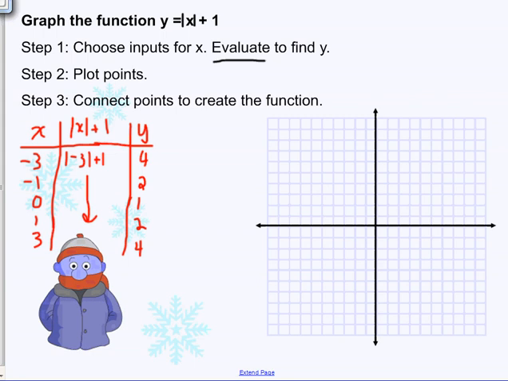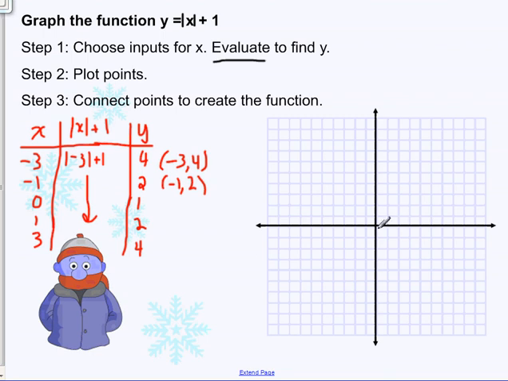So from here we can graph these particular coordinate points that we just found. We now have coordinate points -3, 4, -1, 2, and so on and so forth. I'm not going to write them all down. You guys can see what I'm doing here.